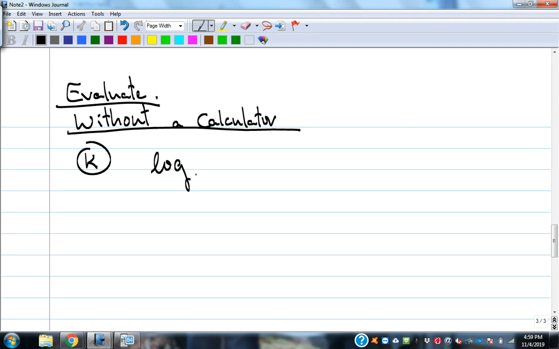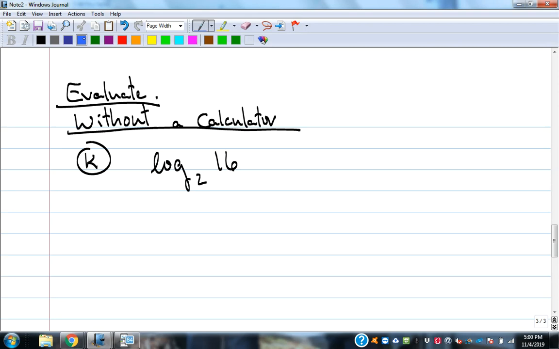So let's do log base 2 of 16. Nobody memorizes log base 2s of numbers because there are a lot of them, and it'd be borderline impossible for most of us to memorize those. So you want to think about it and create yourself a little equation that you can turn into an exponential, because our brain doesn't think too well in logarithms, but it thinks pretty well in exponential stuff because we learned multiplication tables growing up.